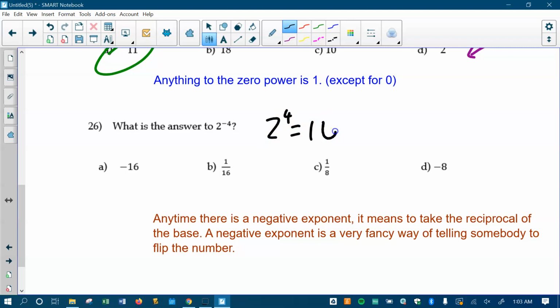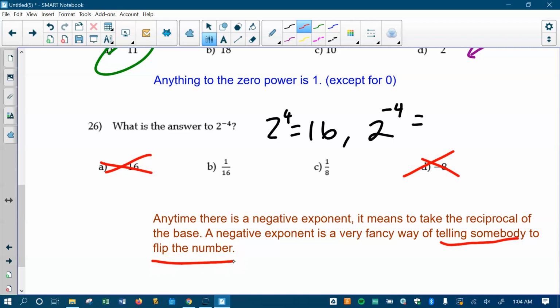And you could check that out. Which means that when we put a negative exponent here, it does not make the answer negative. So just because we have a negative exponent does not make the answer negative. In fact, what it does is it says, please just flip the number around. So before we had 16, and now we're going to have 1 over 16.